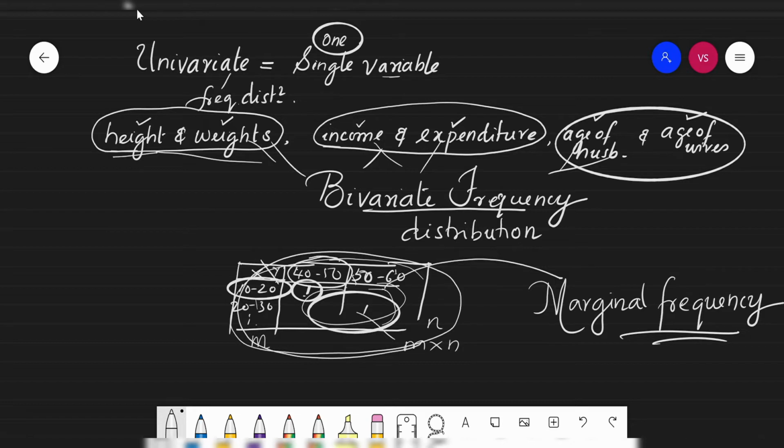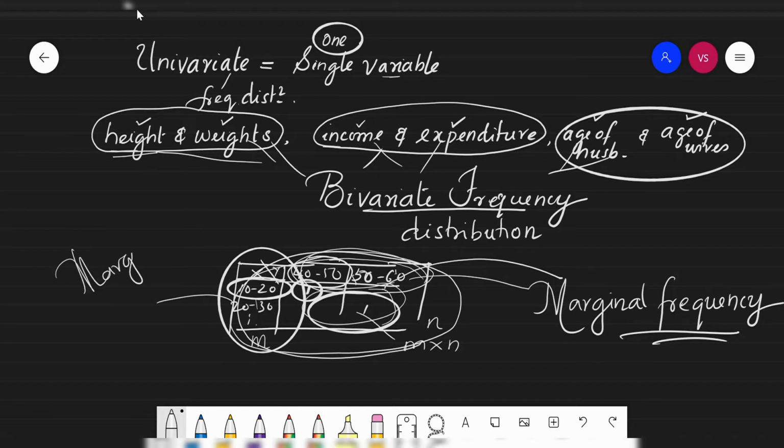In a bivariate frequency distribution, the frequency distribution of only one of the variables is considered. If I consider only y, then it is called a marginal frequency distribution. Or if I consider only x, then it will also be called a marginal frequency distribution, students.